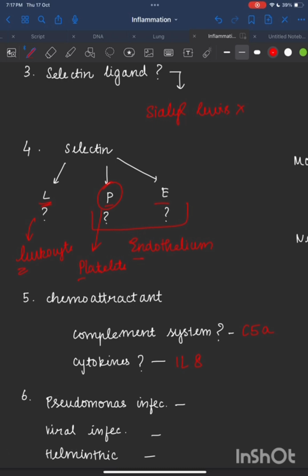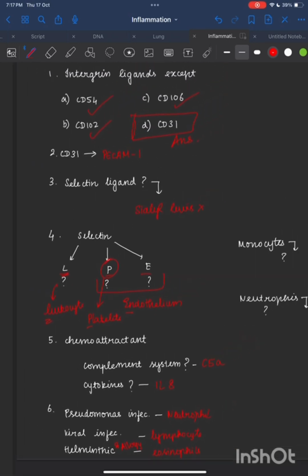It is neutrophil. Okay. For viral infection, it is lymphocyte. For helminthic infection and allergy, just add this also, okay? It is eosinophils. It's very important. Just try to remember this.